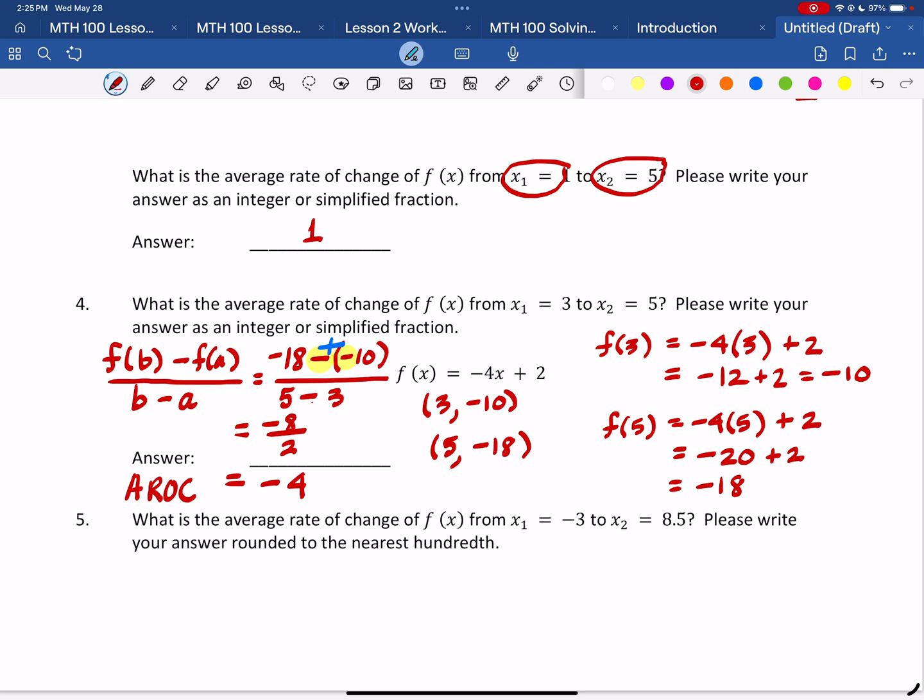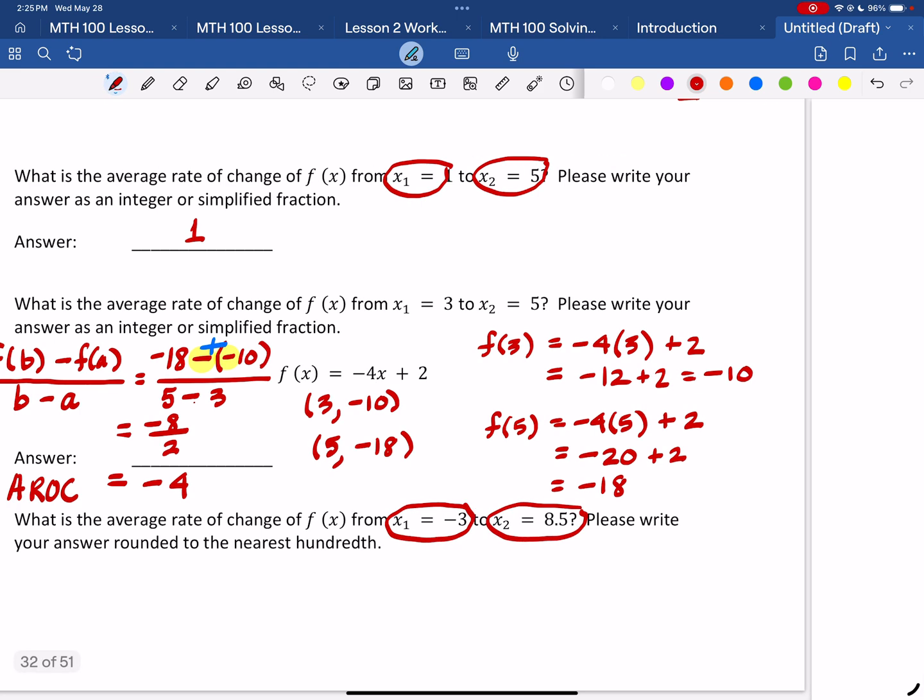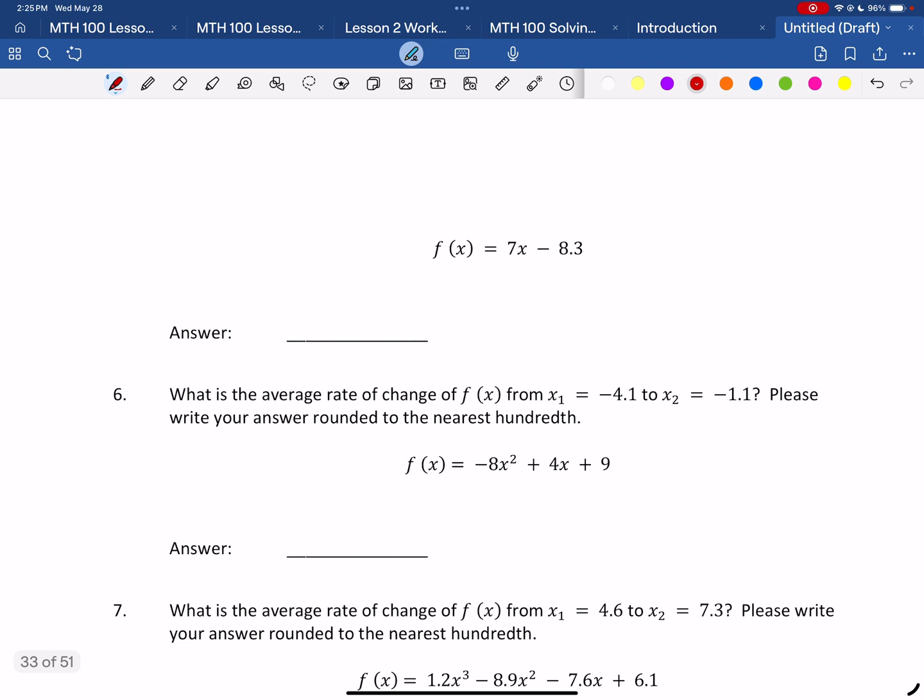In the next example, they want us to go from negative 3 to 8.5 and find the average rate of change. So from negative 3 to 8.5. So f of negative 3 is 7 times negative 3 minus 8.3.